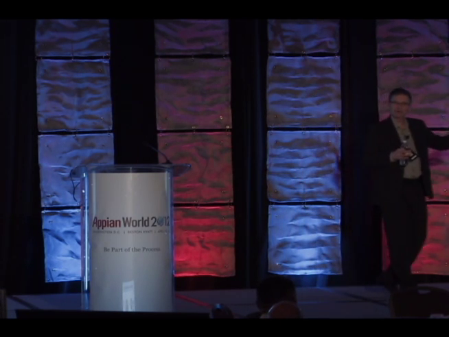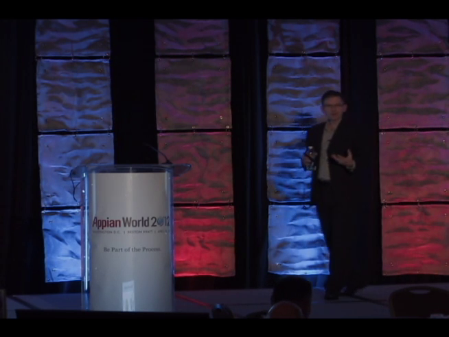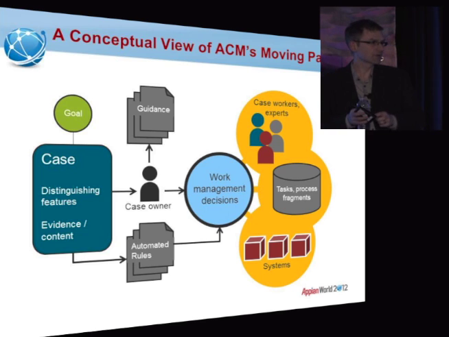Some kind of repository of tasks and component plans and process fragments. And of course, back-end systems you'll need to integrate to. So this is kind of a high-level cartoon, but these are the key elements that I think you really need to have at your disposal if you're going to try and do this kind of support implementation for knowledge work.